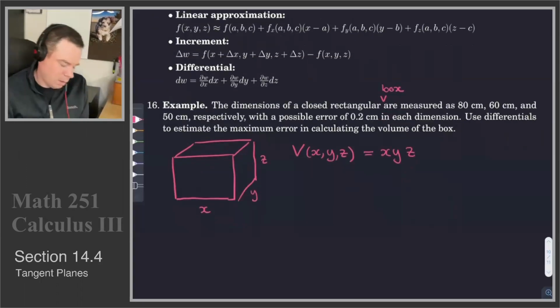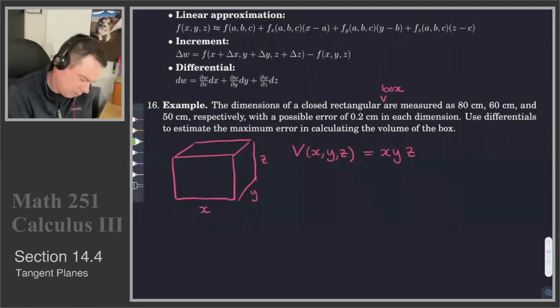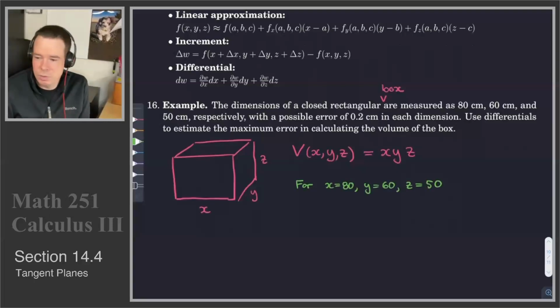So this is the object we're interested in, this volume. And we'd like to go ahead and work out the values. So for x equals 80, y equals 60, and z equals 50, we could plug those in, 80 times 60 times 50, and get the calculated volume.